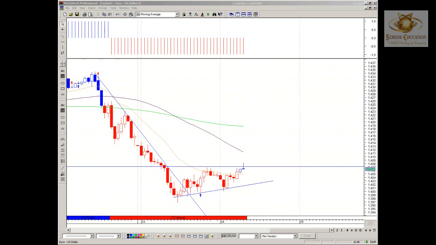We have German final GDP quarter-on-quarter figures, but we also have the German Ifo business climate figures. The previous was 114.2 and the forecast is 113.9, so a slightly lower figure than previous. If that's the case, then we could see price reverting to the downside once the 50 period moving average swings into play.